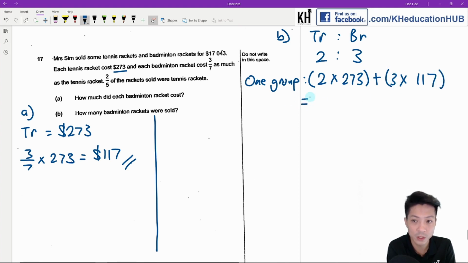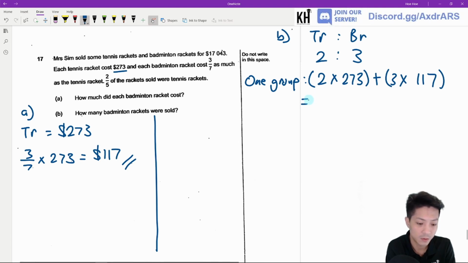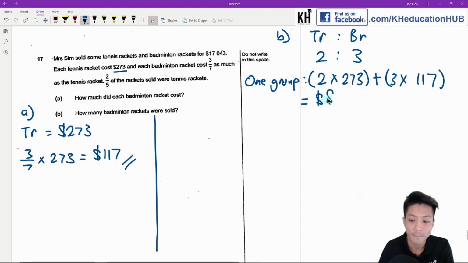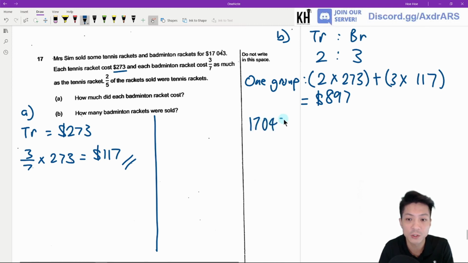This will be equal to $897. We're going to find out how many groups there are by using 1,743 divided by 897.